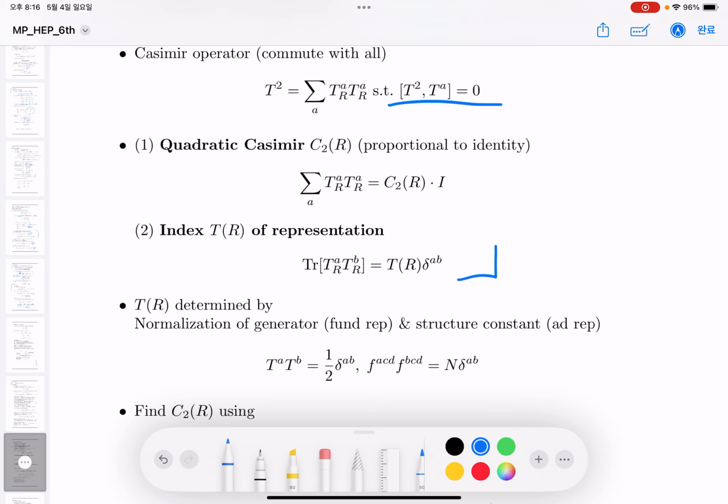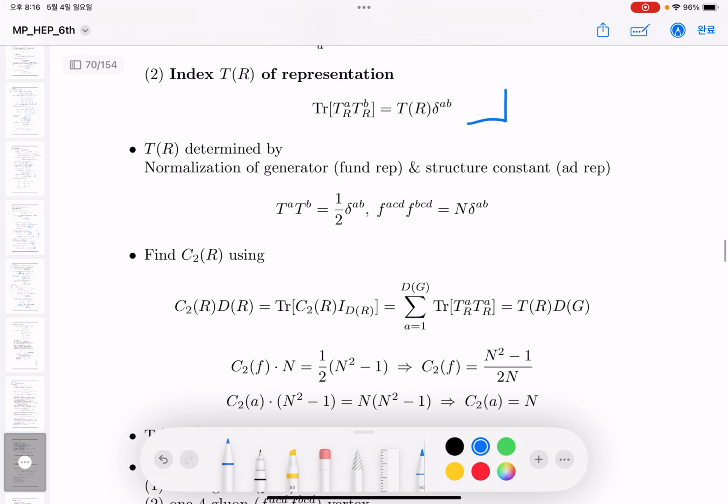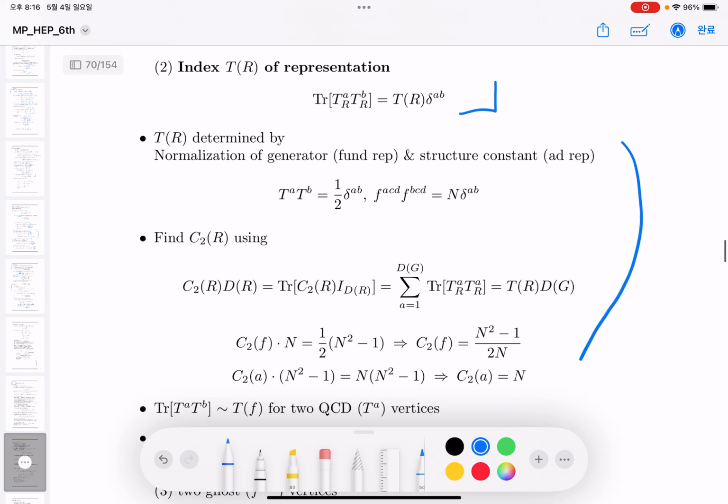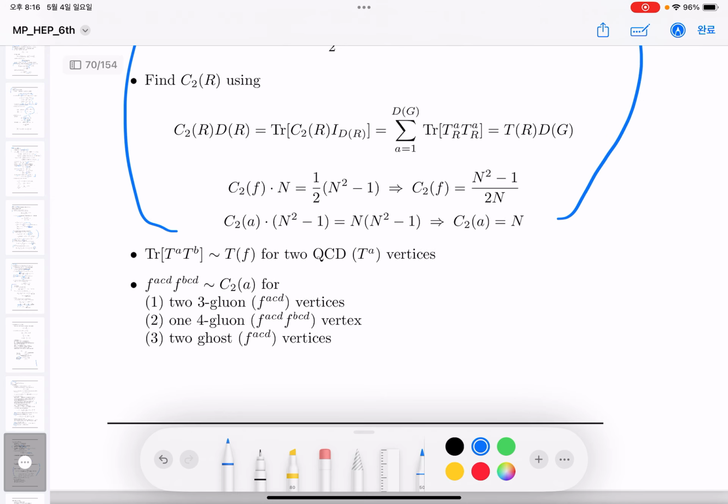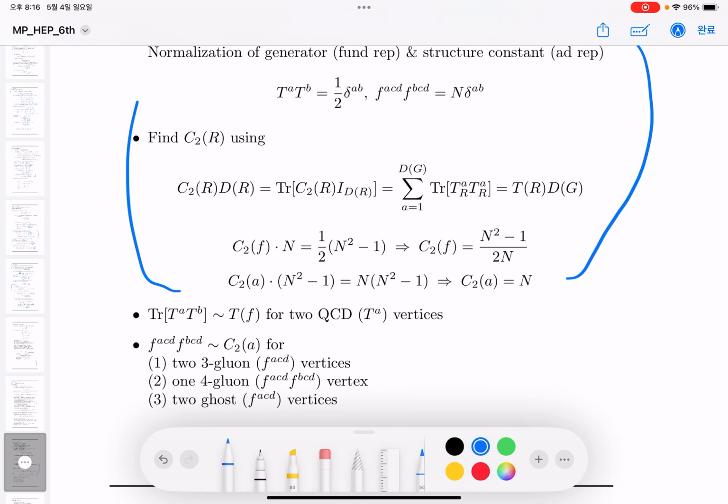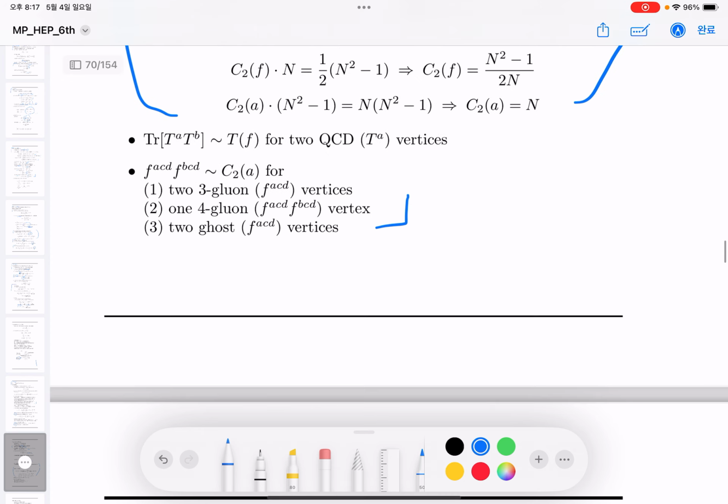So C2(R), the quadratic Casimir, and T(R), the index, can be determined by the following identity. The T(R) and C2(R) arise when we evaluate the structure constants in the non-abelian gauge symmetry vertex.